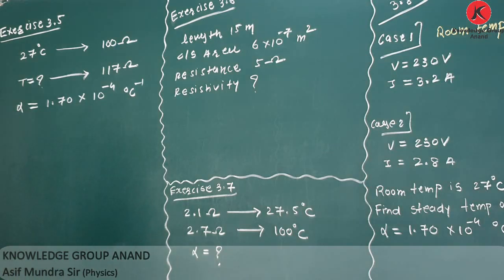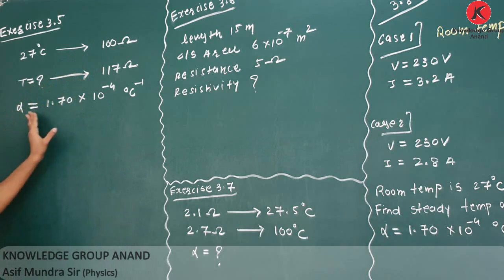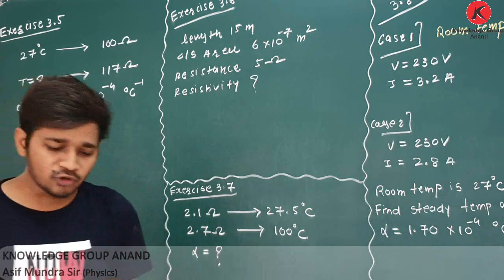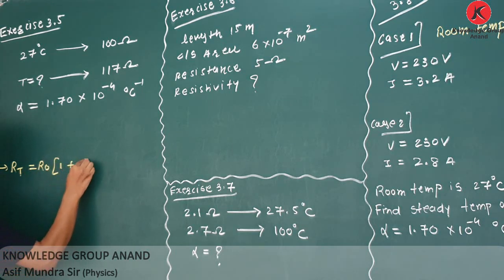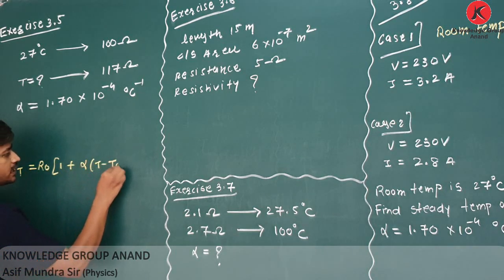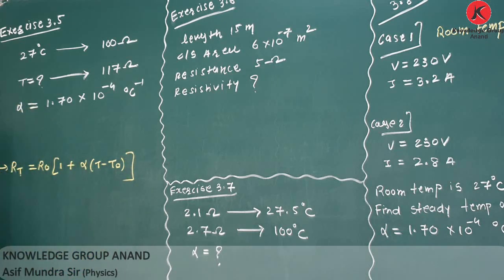Now see, in such a question, yes, you are given two temperatures, two resistances, one alpha. So obviously, you know which equation you have to use. You have to use this equation. R T is equal to R0 times 1 plus alpha times T minus T0. Clear about this? Okay. Alpha is given.